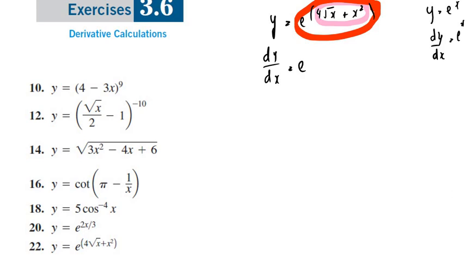So we'll bring the 2 over 3 close to the equation. So 2 over 3 e to the power 2x over 3. Let's do 22 on the other page.